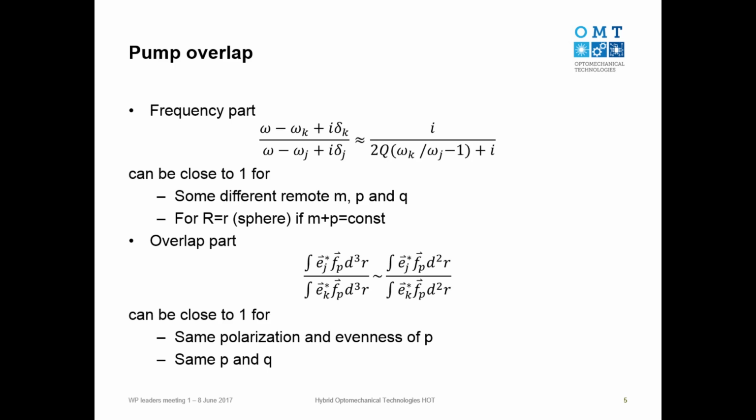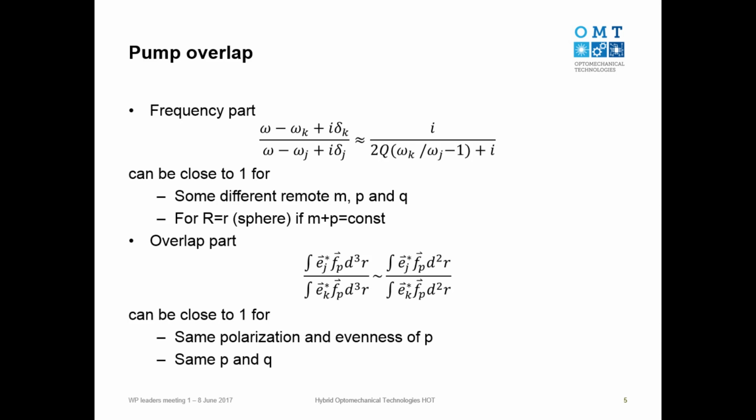This thing contains the frequency part. If we assume that we are probing exactly at the resonance, it can be a bit simplified, and the important thing is that this relation can be close to 1 for different m, p and q, because only there is the difference in the frequencies small enough.